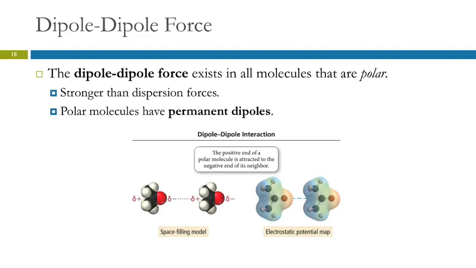So here we have an illustration of, I guess, dimethyl ether. It doesn't actually matter, does it? This is a polar molecule. Here's this oxygen is always slightly negative, and the hydrogen end over here is always slightly positive. And so the negative end of one molecule will be attracted to the positive end of a neighboring molecule.